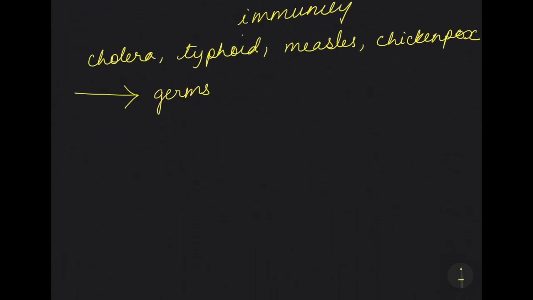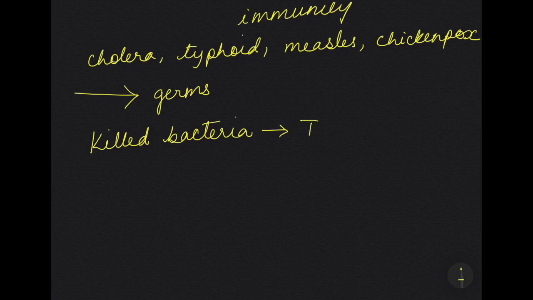Now there are vaccines obtained by growing bacteria. First is where you use killed bacteria. It is TAB vaccine, which is used for typhoid.